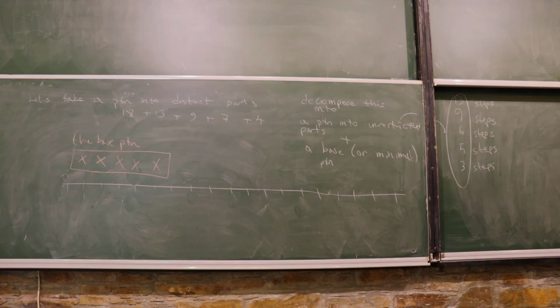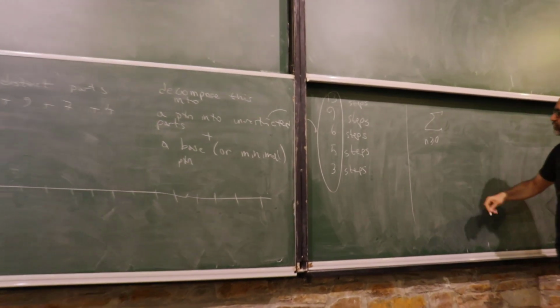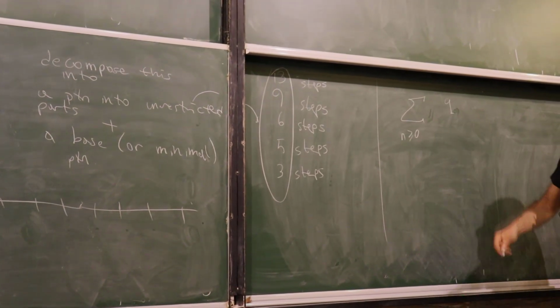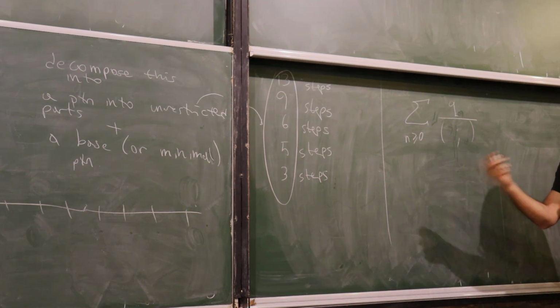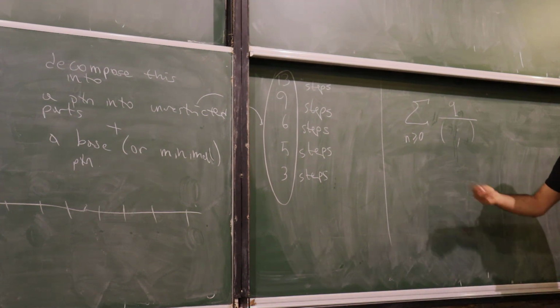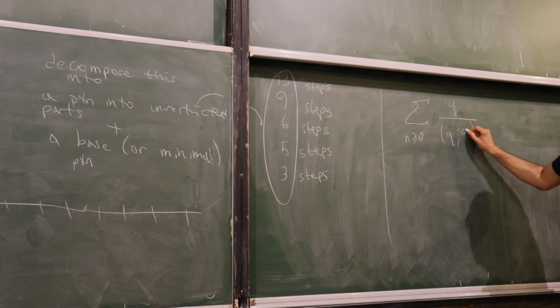If you tell me the number of parts you want, I can tell you the minimal partition into distinct parts having that many parts. In fact, this decomposition tells us immediately that if we classify according to the number of parts, the series, with n running from 0 to infinity, of q to the weight of the base partition divided by the unrestricted partitions into at most n parts, because maybe we don't move any parts, so we have to allow some zeros there, (q)_n.